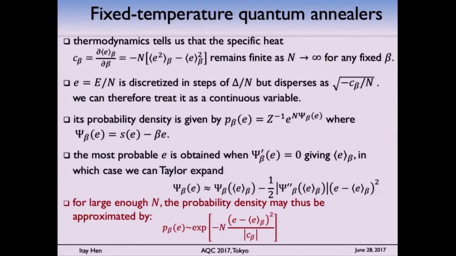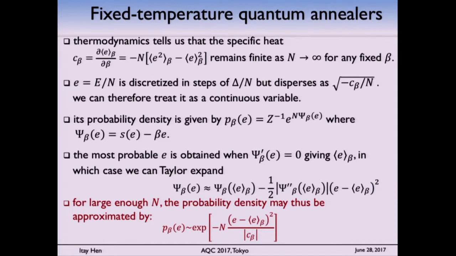Now, if e, the small e, is discretized in steps of the classical gap divided by n, but it disperses as this quantity here, the specific heat divided by n, as you can see from here, it just means that we can treat it as a continuous variable because the dispersion is much larger than the discretization.